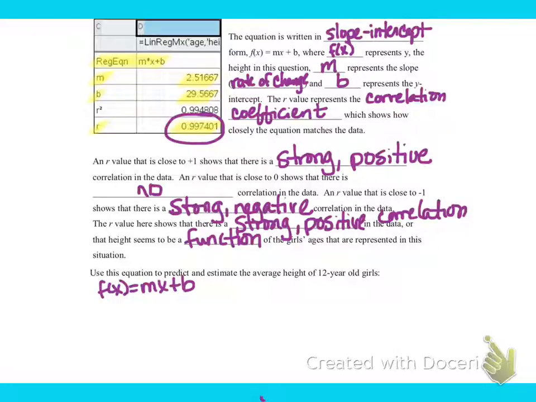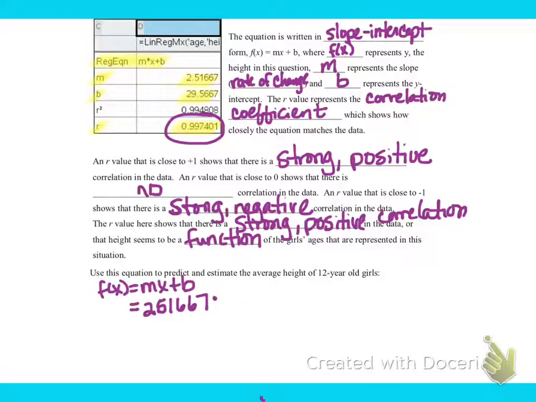So from the table, the m value is 2.51667. The x value from our table and from our graph is the age in years.